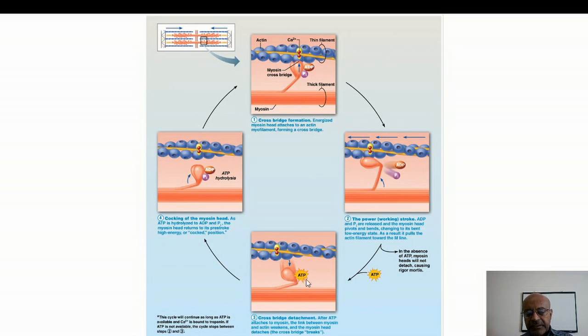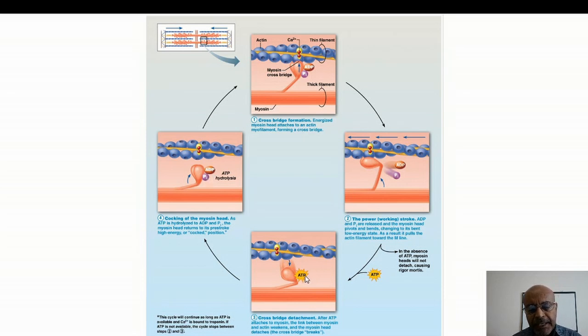The second thing needed is ATP. ATP is the source of energy, power for the muscle contraction to happen. So when ATP is here, and when that calcium removes the cover and the active site is exposed, this myosin head cocks up, gets ready, and at the same time ATP is dissociated into ADP and Pi.